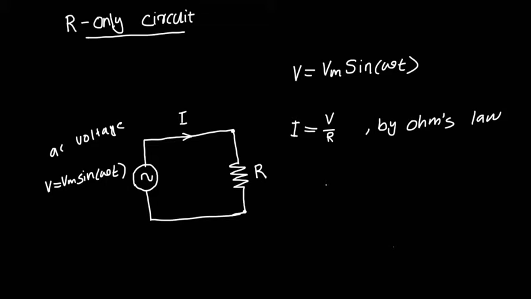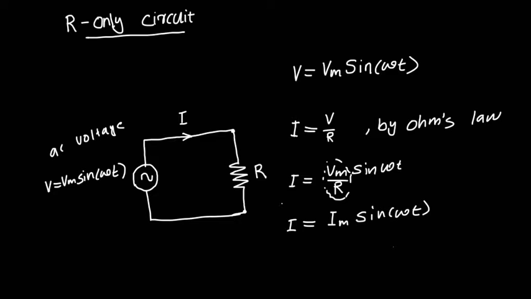Therefore, we can write I is equal to Vm sin omega t by R. We can call Vm by R as Im, the maximum value of current, so I equals Im sin omega t.